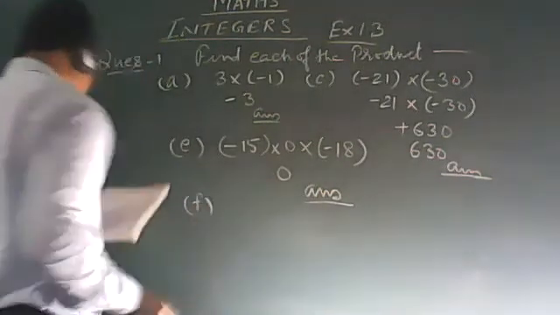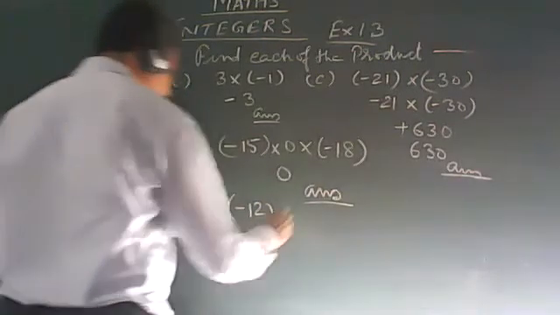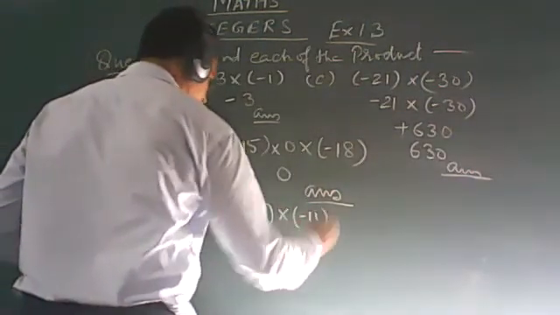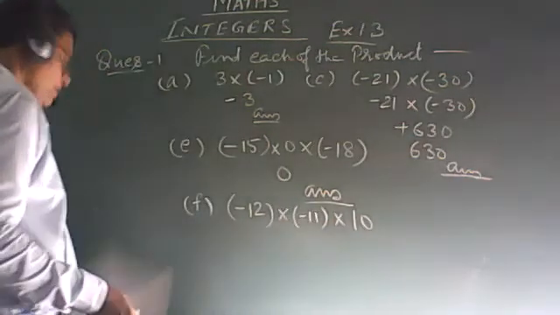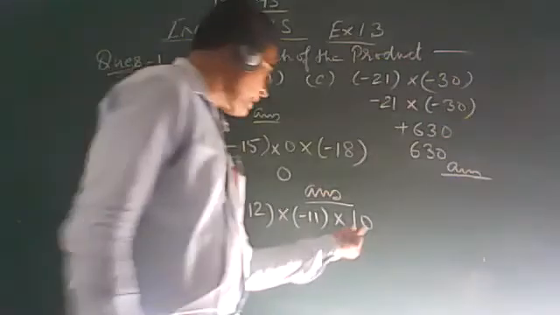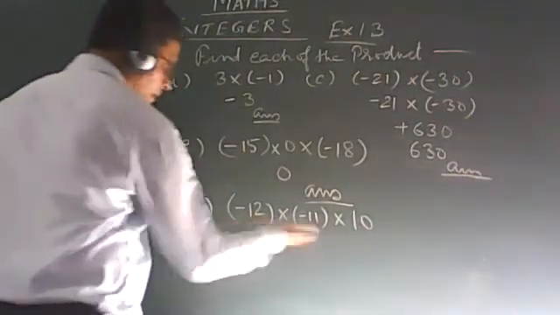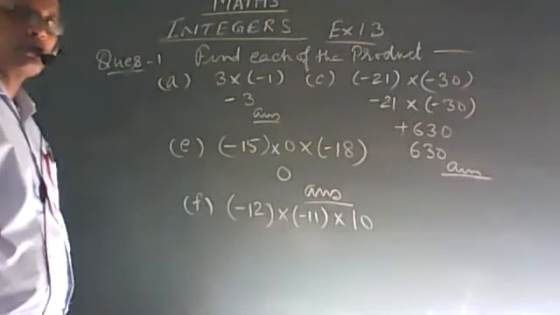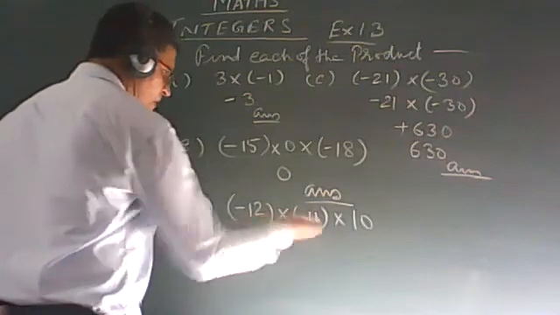Now we come to the F part. F part is minus 12 into minus 11 into 10. 10 is a positive number. If the number is positive, we write it directly. First we multiply both the numbers, because the multiplication of 11 is very easy.